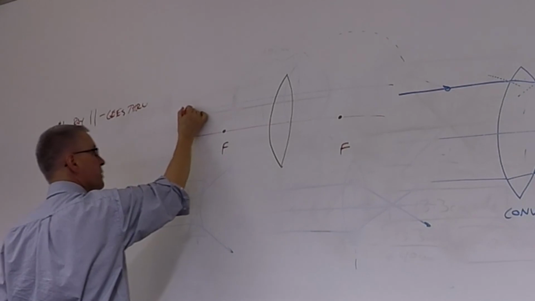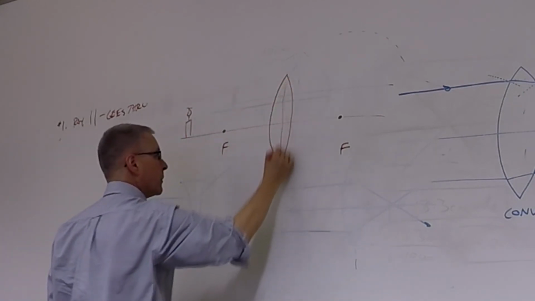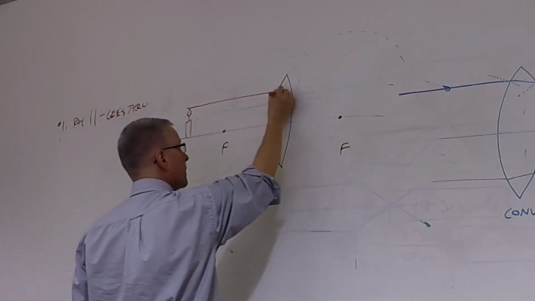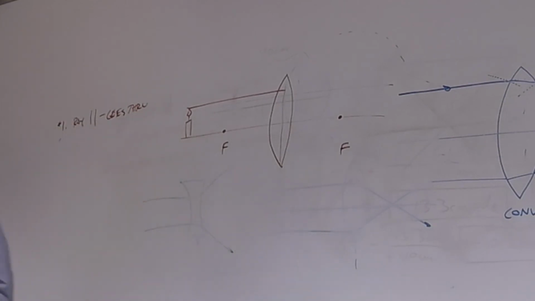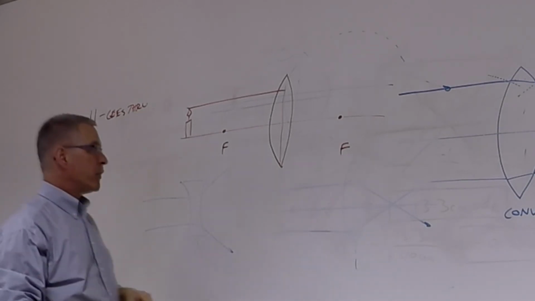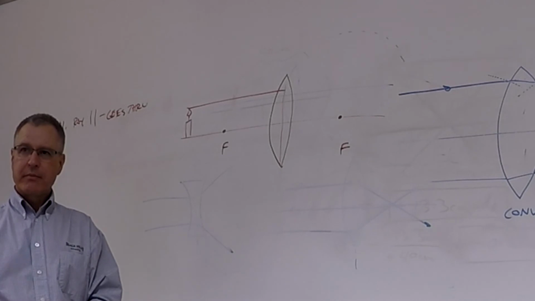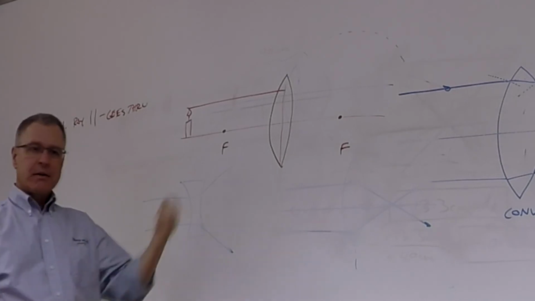So where do you suppose this one goes? And 2 things to remember. Is it a converging or diverging lens? And it's a lens, so those rays are going through now. So which focal point am I going to use, left or right?